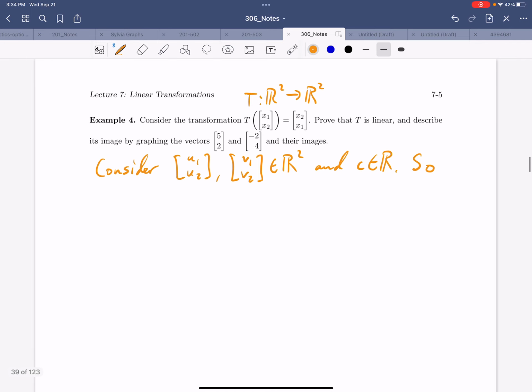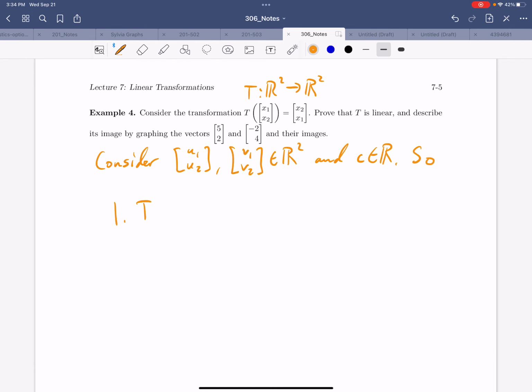So we have first that T of (u1 plus v1, u2 plus v2), right, that's just these two vectors added together. That's going to equal, well, let's just flip them, right? u2 plus v2, u1 plus v1. And note that that's the same thing as (u2, u1) plus (v2, v1).